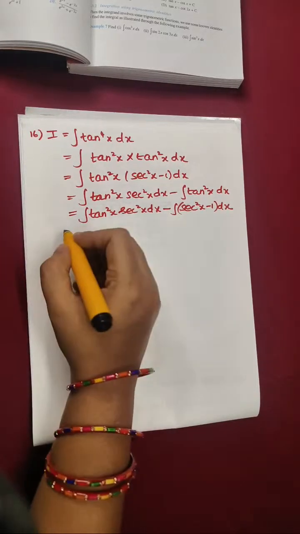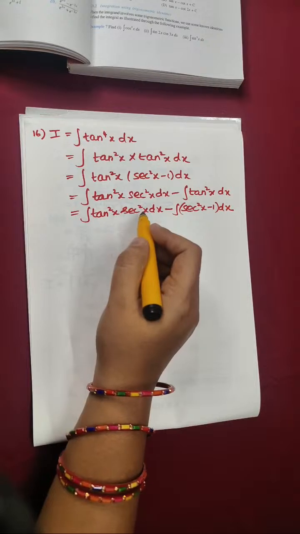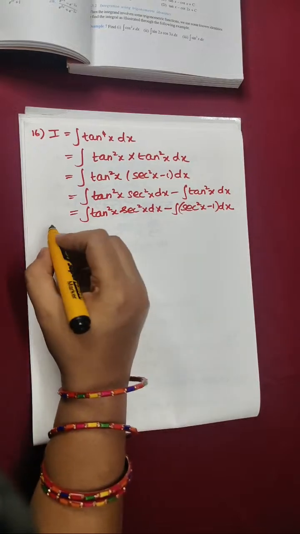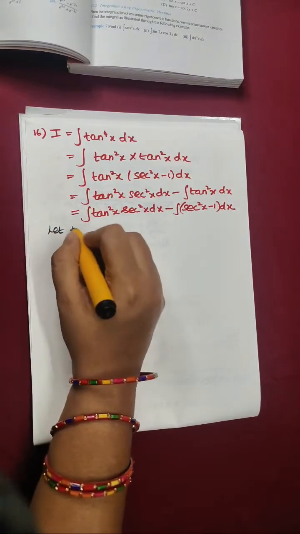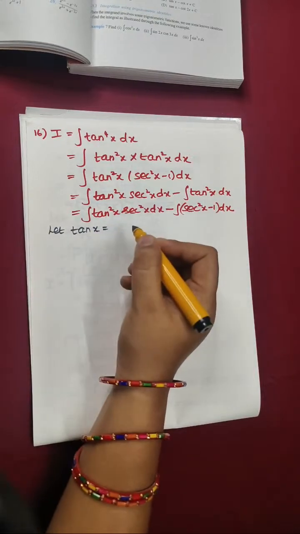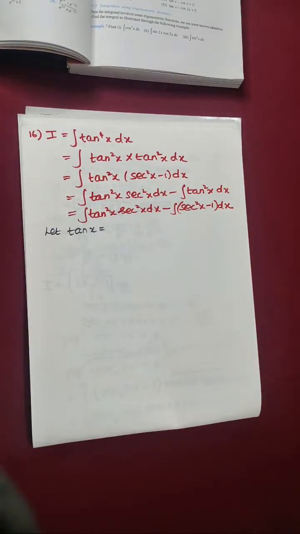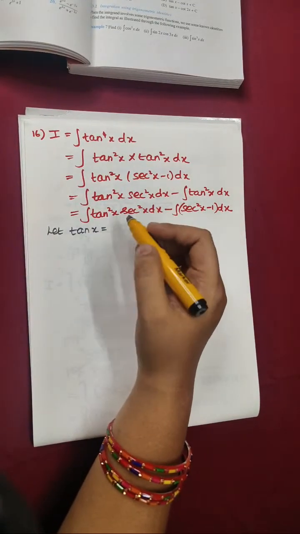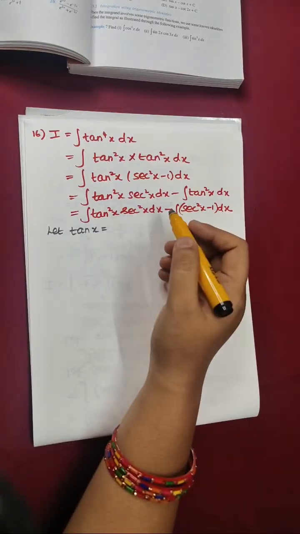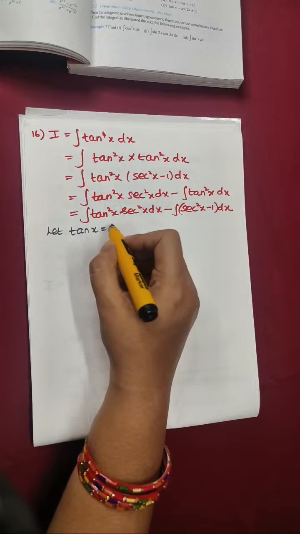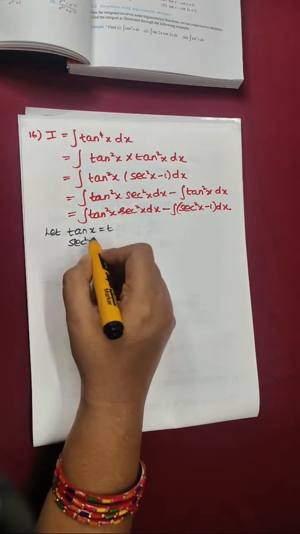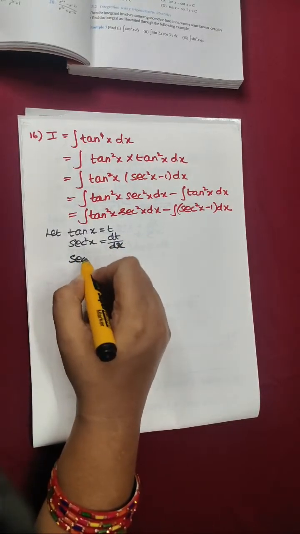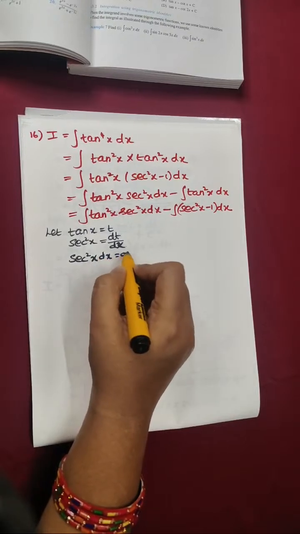If you take secant x as t, then you get secant x tan x, but you have tan square x, which will be difficult because we can't get tan square x when you take secant x as t. So we are taking tan x as t. Differentiating both sides, you will get secant square x dt by dx, and taking this dx to the left side, secant square x dx equal to dt.